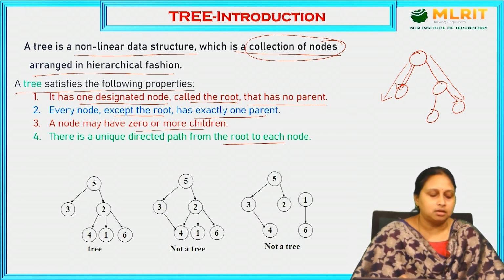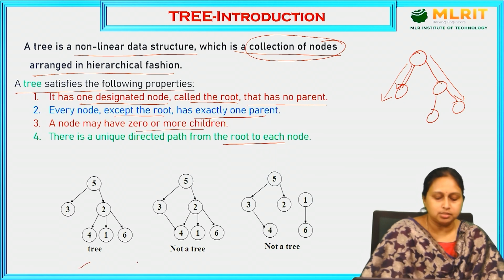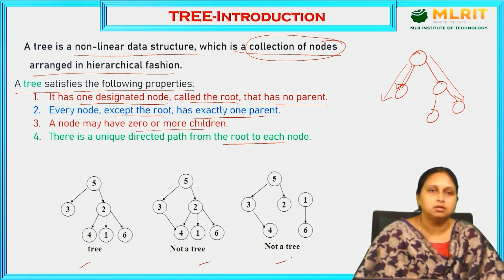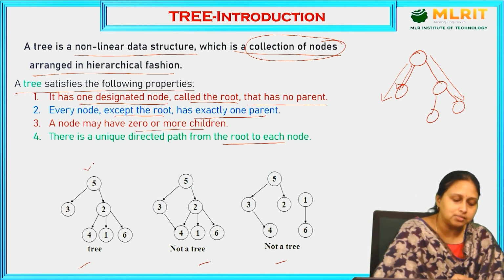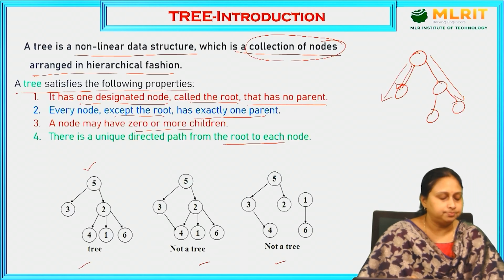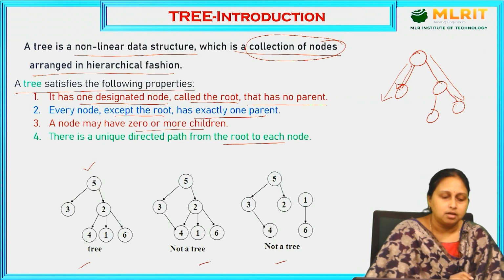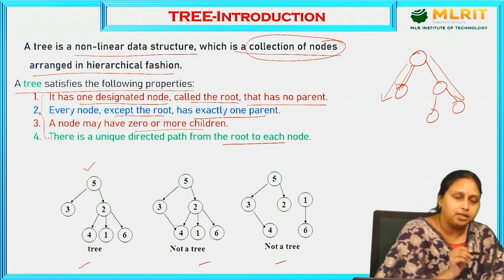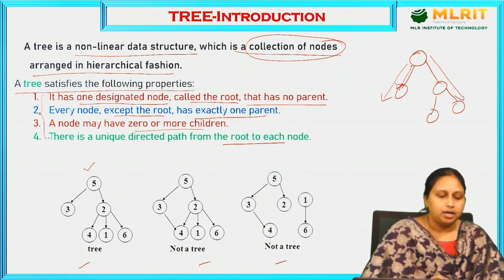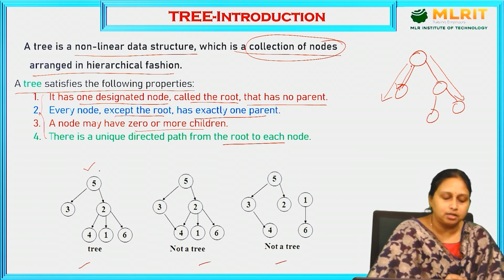Let us see which are trees and which are not a tree, and why they are not a tree, we are going to discuss. If you see this first example, example 1, verify whether it is satisfying all the properties or not. It has only one designated node called the root node.